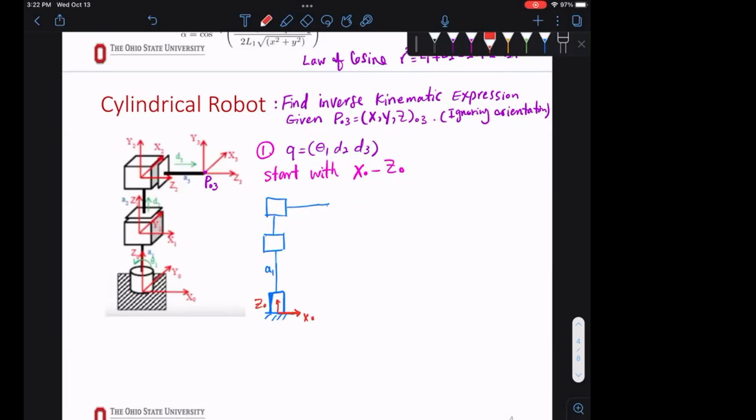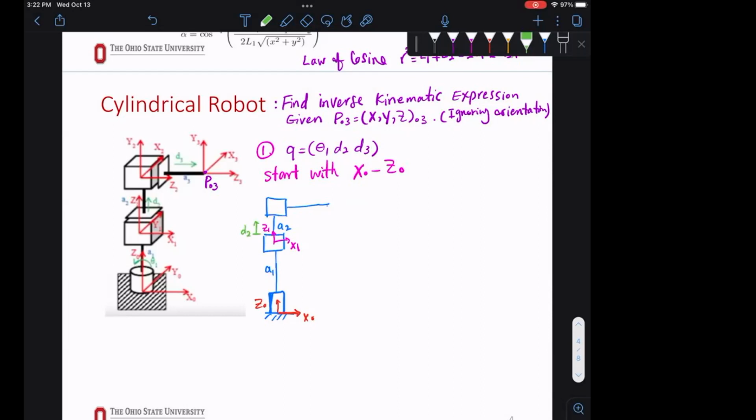Then for this box, I will see the Z1, X1 frame. I also see A2, and then I will see D2 here.